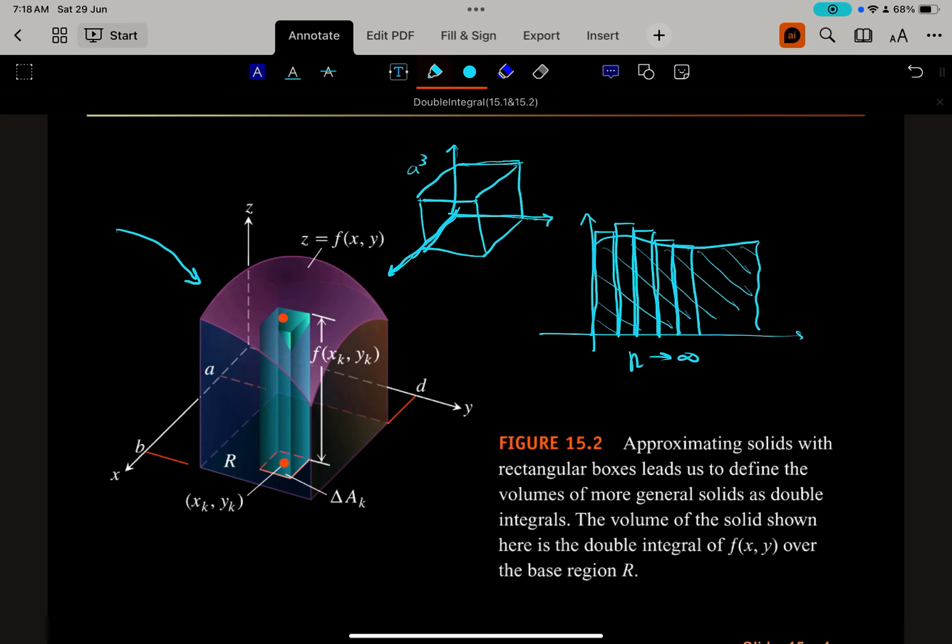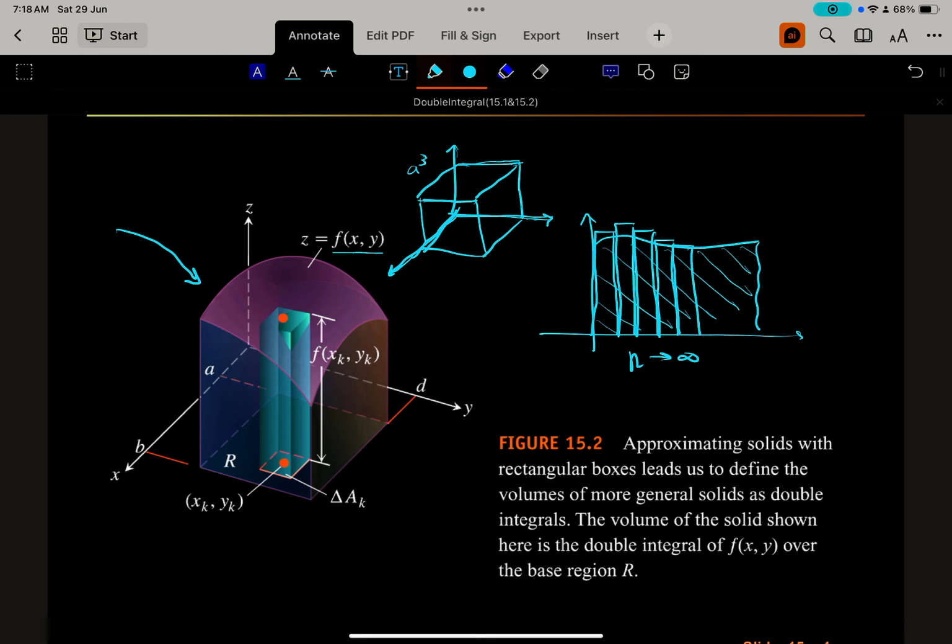We only maybe know the function of the curve that's above them. So maybe we have a function and then we want to find the area under that function, which represents basically the solid.